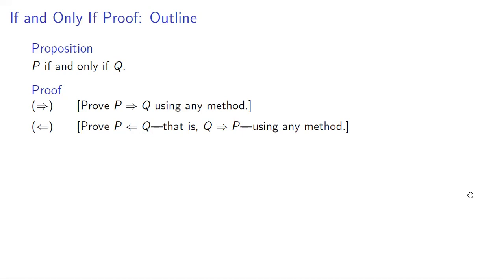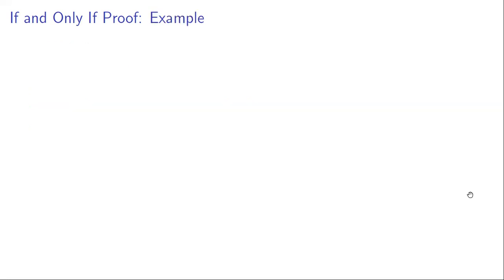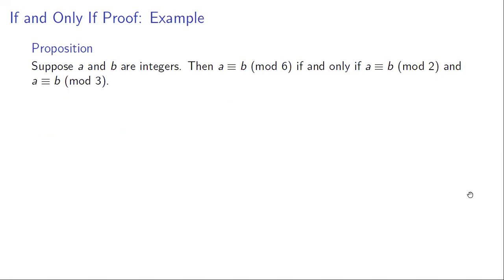Okay, so we'll do an example of this. So here's a proposition. Suppose A and B are integers. So this is not part of the if and only if. This is just setting it up, right? It's giving you two integers, and it's saying now that we have these two integers, here's the if and only if.